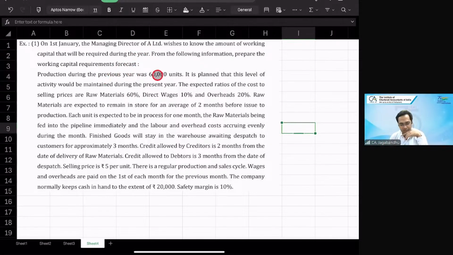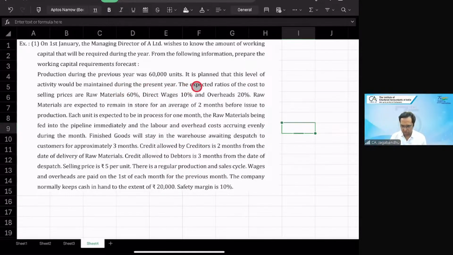Production during the year is 60,000 units. It is planned that this level of activity be maintained during the present year. So in the current year, we are expected to have this same level of activity, which is 60,000 units.